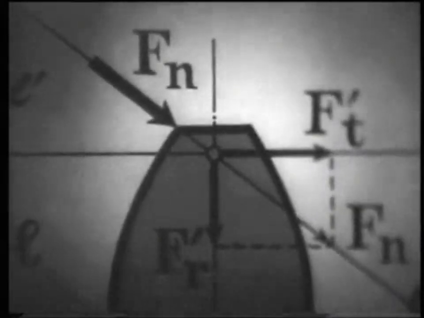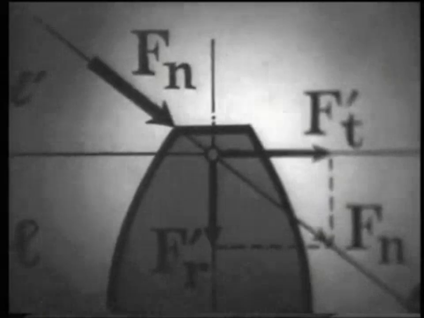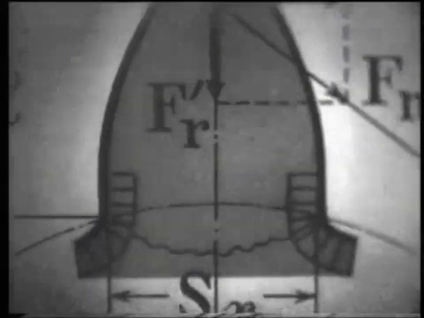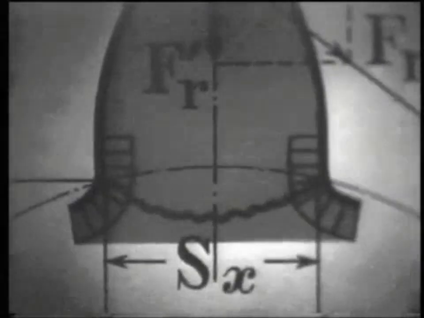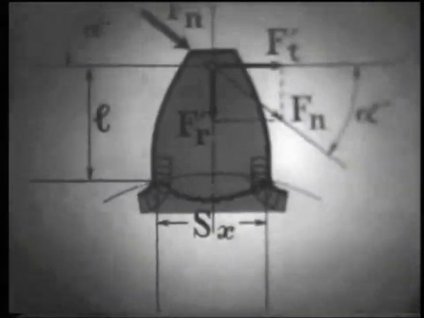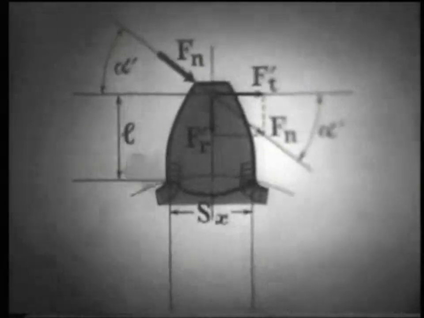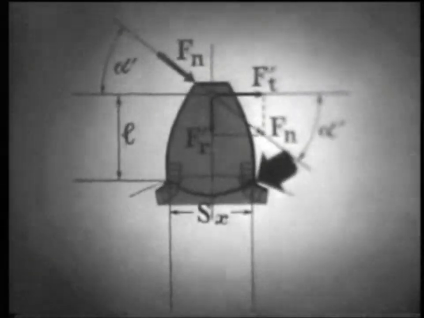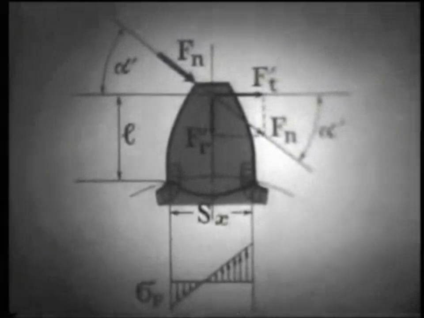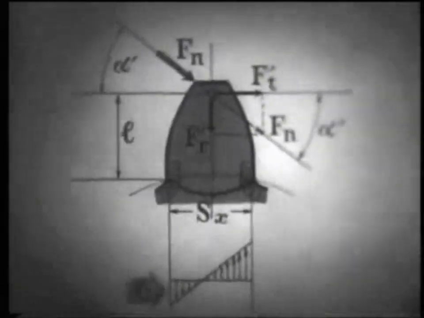The teeth in the dangerous section are simultaneously compressed by the force F_r' and bent by the moment F_t' multiplied by l. Although the stress on the stretched side of the teeth is less than on the compressed side, the development of fatigue cracks occurs on the stretched side of the tooth.